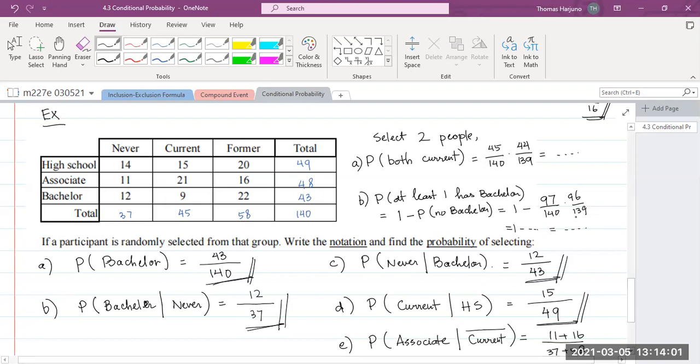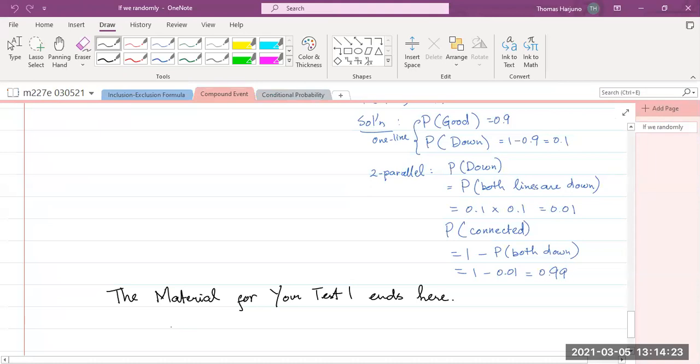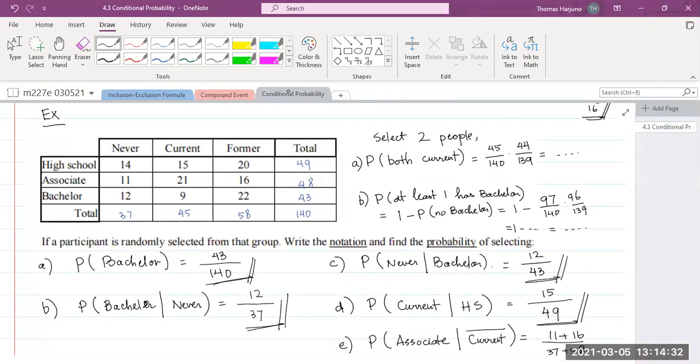Okay, I will stop here for our lesson today. What we will do next week, I will continue on probability, conditional probability, but the one we will do next week are into the theoretical part. Let me remind you that your test one material actually ends at compound event. That's the material for your test one. However, if you go further into my past test ones, like around 4 years ago, 5 years ago, you may see some test ones has conditional probability.